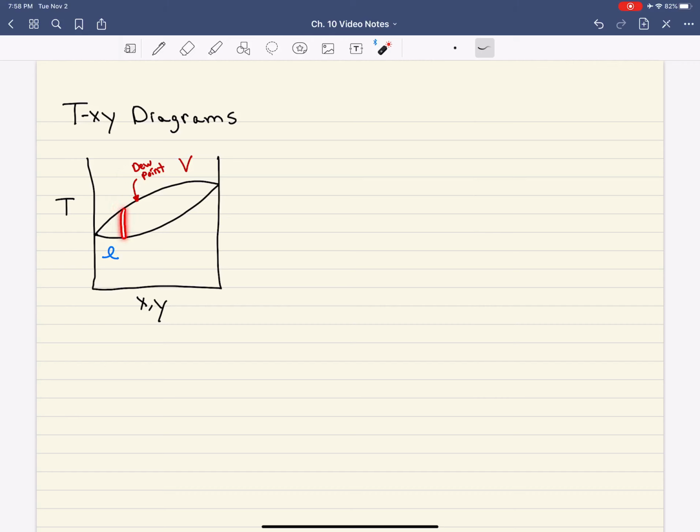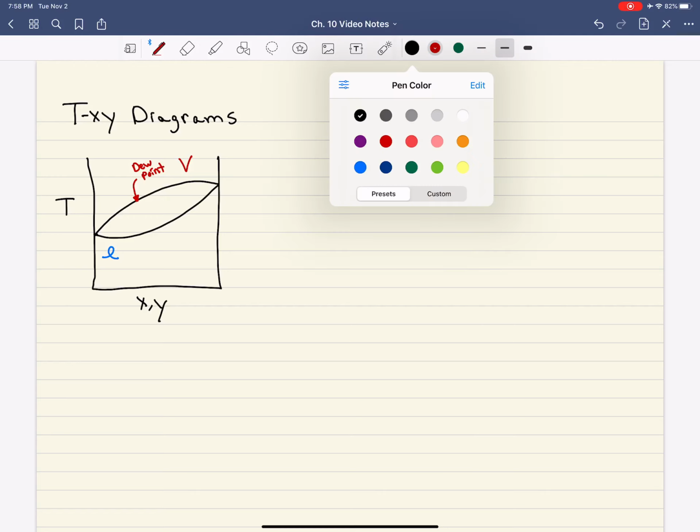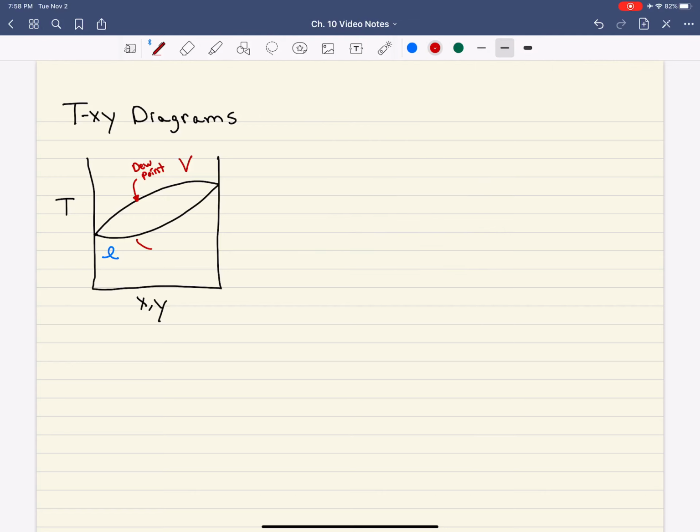And then as you keep going down, you hit the liquid line, where this line should be blue, would correspond to the boiling point, where you would have your last bubble of vapor inside the mixture.